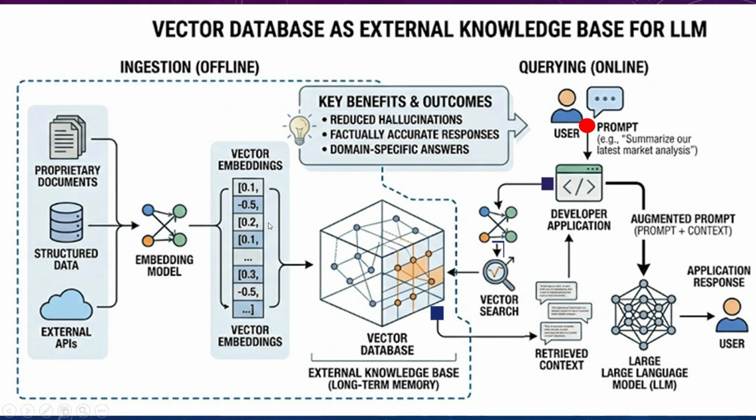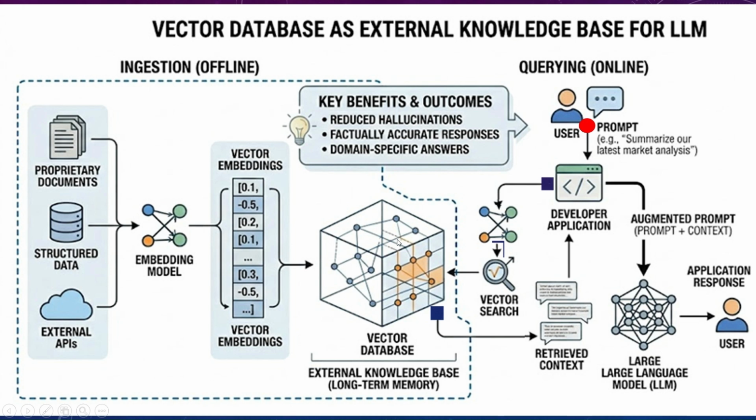We have already seen this vector database is composed of various document, structured and unstructured data. It also gathered various information. Say for example, in this particular case, it is related to market analysis.